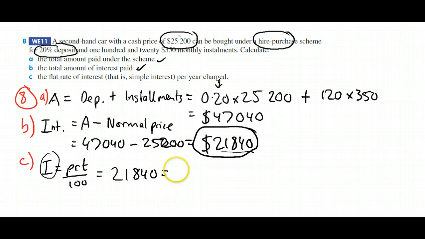So P, the principal amount, is the cash price of the car minus the deposit. That's how much had to be paid off after the deposit was made. So we'll do this over here: 25,200 minus the 20% deposit, which is 0.20 times 25,200.